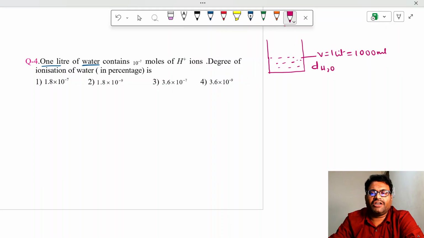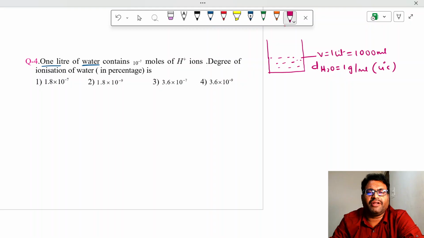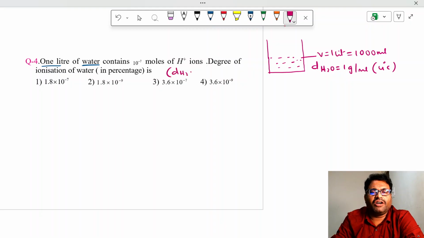And we know that density of water is equal to 1 gram per ml at 4 degrees centigrade. But actually at normal temperature also we generally consider it as 1 gram per ml. So in JEE Main questions they will give density of water is equal to 1 gram per ml in this way.